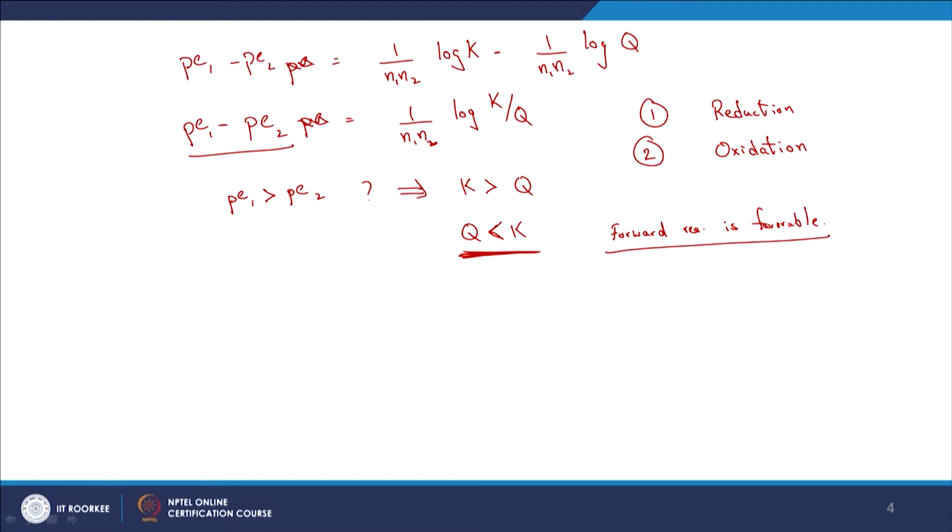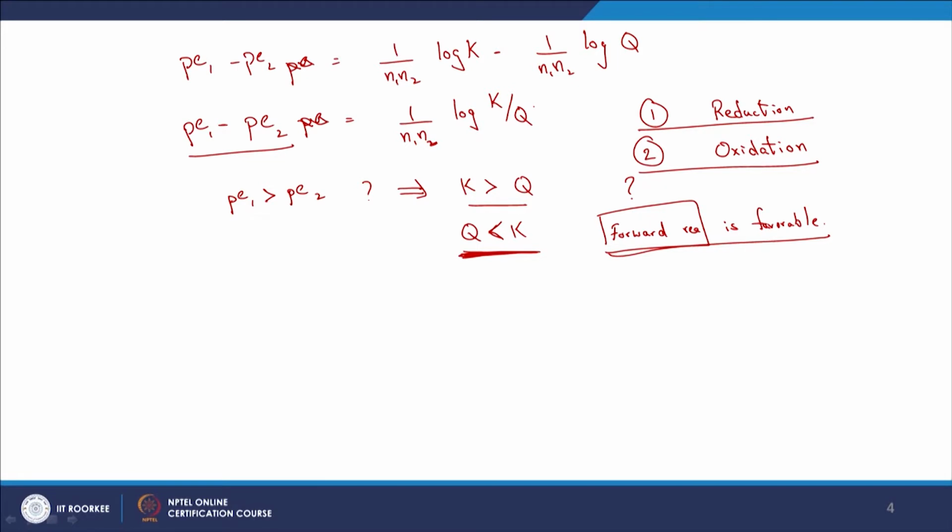And how did we get this particular forward reaction? You remember that we considered reduction to be half reaction 1, but we swapped the second half reaction as oxidation, right. So this case works out as you see. When will this reaction be feasible?